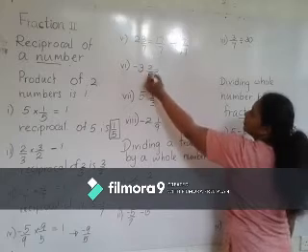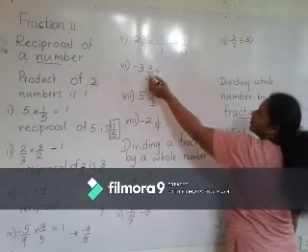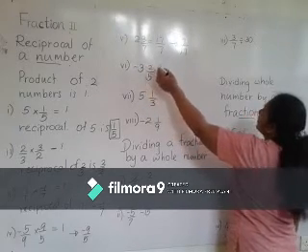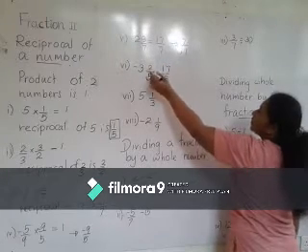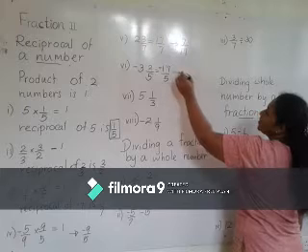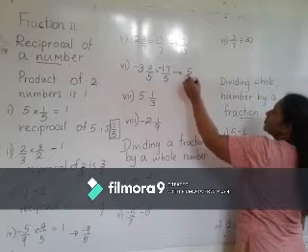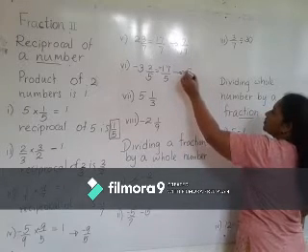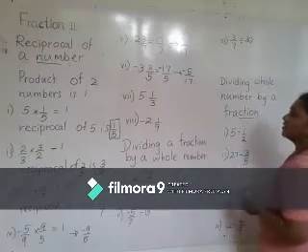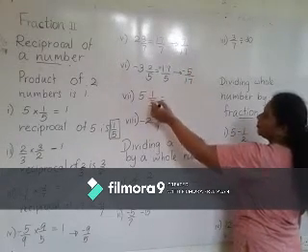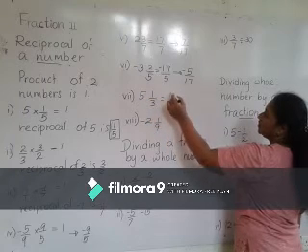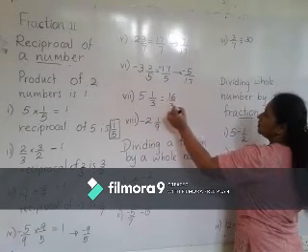Then I am going to make it into an improper fraction. 5 times 3, 15. 15 and 2, 17. Here there is a minus. So the reciprocal is 5/17 with minus, so -5/17. Here we have to make it into an improper fraction. 5 times 3, 15. 15 and 1 is 16.